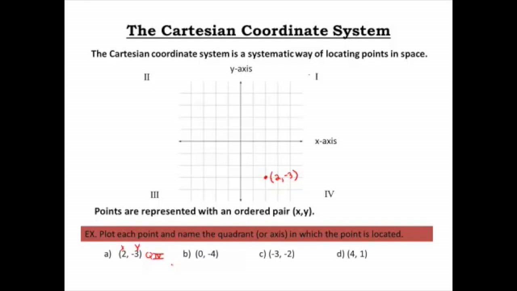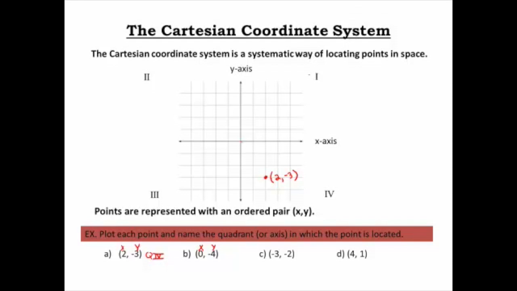The next point we want to plot on our graph is the point 0, -4. Again, x is first, so your x-coordinate is 0, and your y-coordinate is -4. An x-coordinate of 0 means nothing, so don't go anywhere on the x-axis. 0 means don't move.